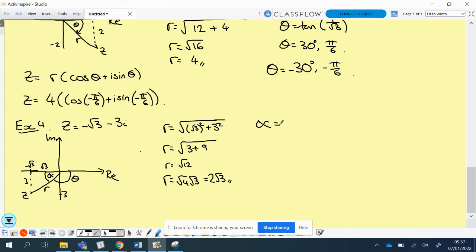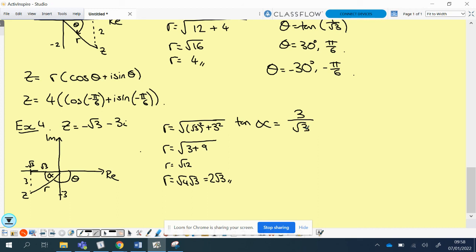So tan of alpha is going to be opposite over adjacent, so it's going to be 3 over root 3. Now, if you remember this from National 5, you rationalise the denominator.